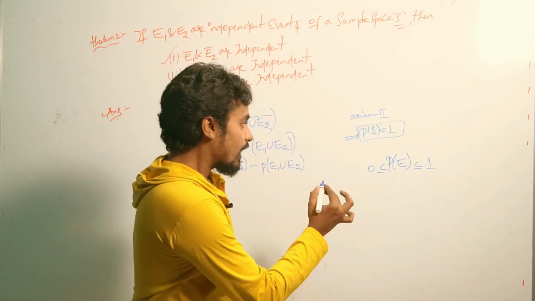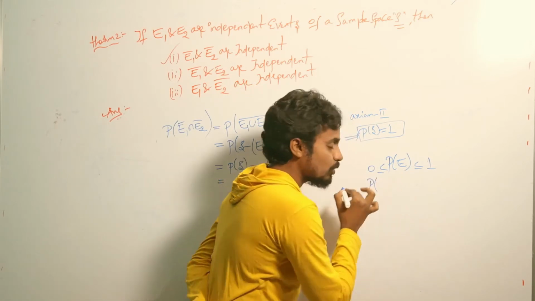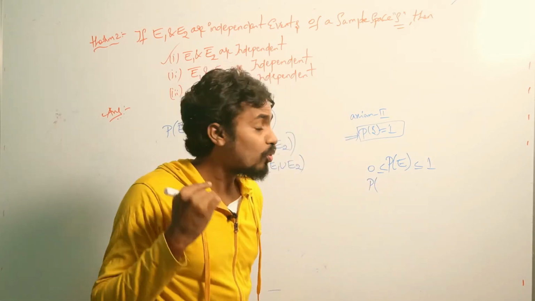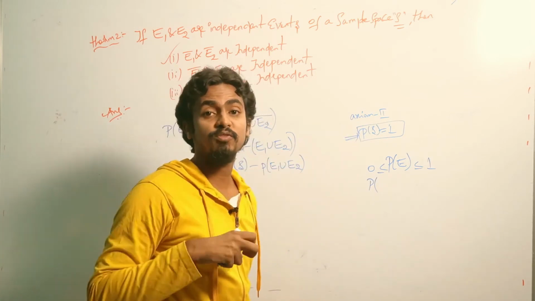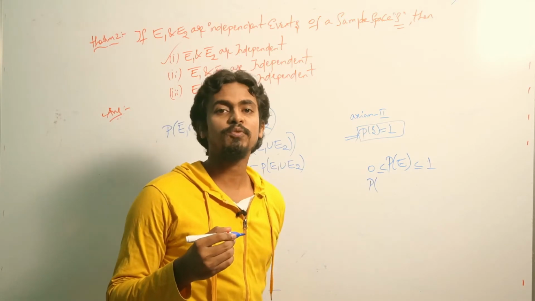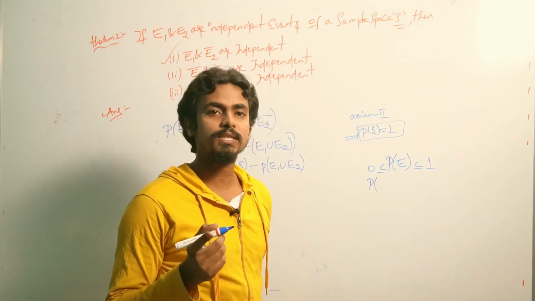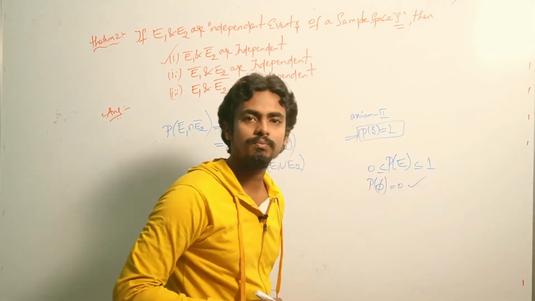For example, 0 means there will be no events present in the sample space of that experiment. No events means we represent it with the null set, P of phi equal to 0.